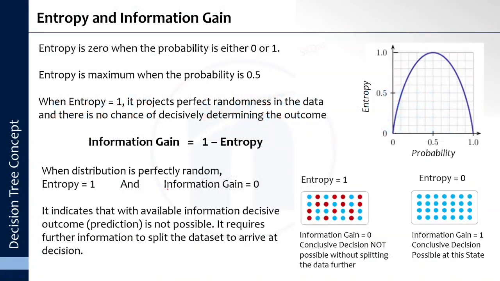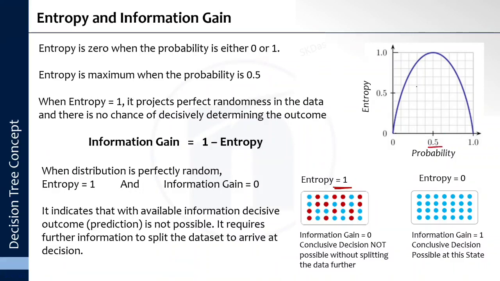Well, so we have calculated the entropy. What next? As I said, entropy is the measure of randomness. Hence, it's not a good split if the entropy is high. So we use the measure of information gain, which is 1 minus entropy. In the picture with blue and red dots, when both are equal in number, the probability is 0.5.